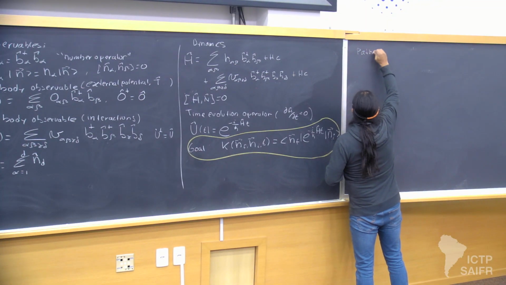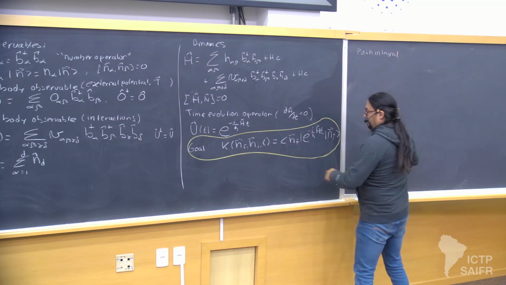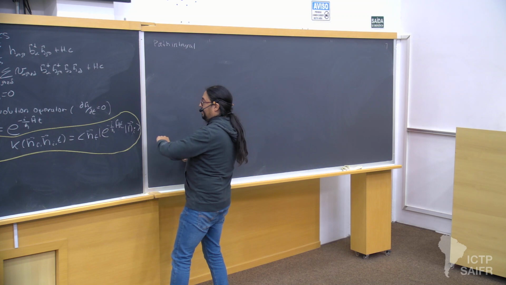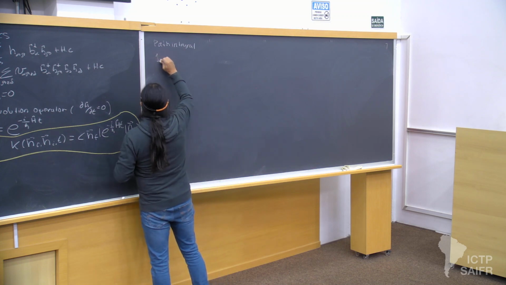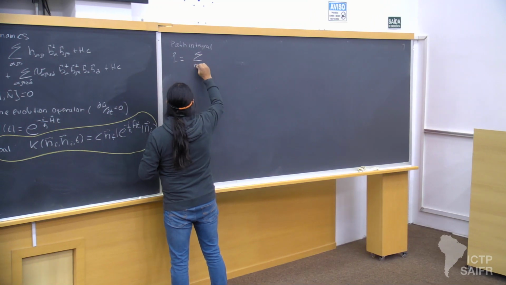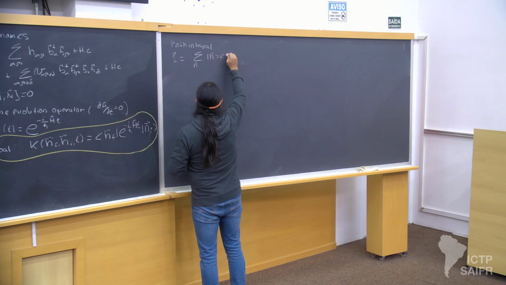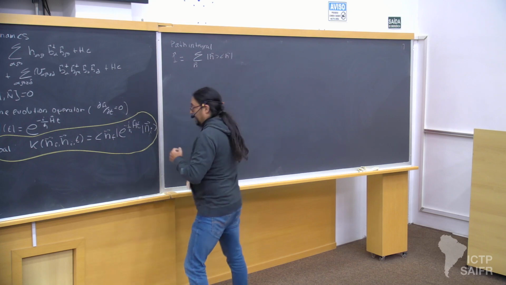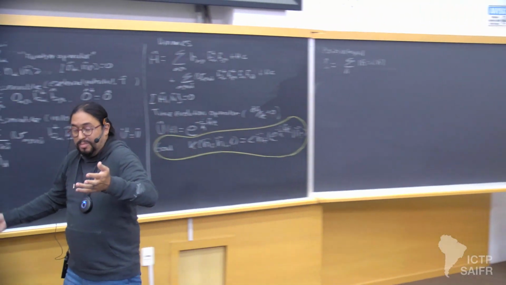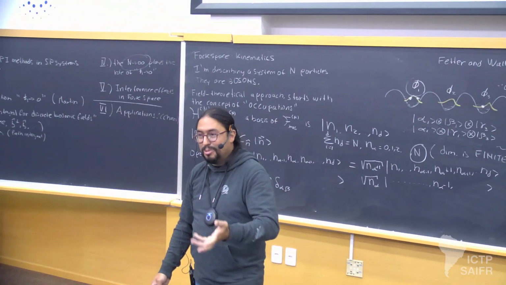So the best I can do, if I want to follow that program, would be for the path integral, well, split the time evolution operator, that's fine. And I will insert my unit operators, but my unit operators look like that. These are sums. The basis I'm using to describe my Fock space is discrete.